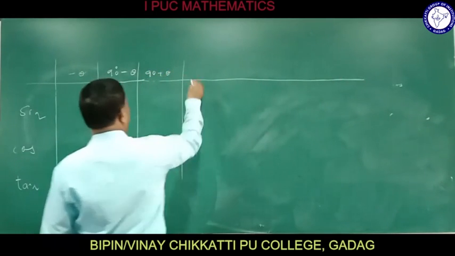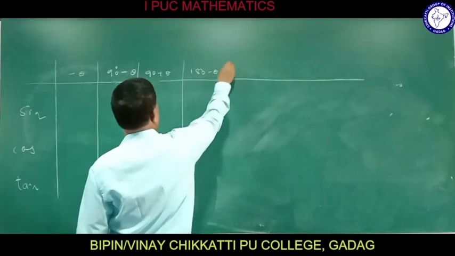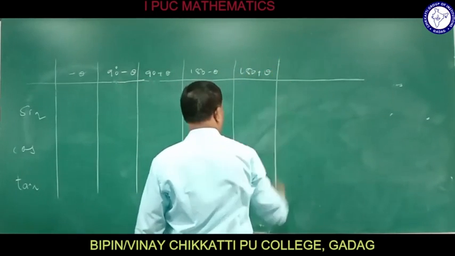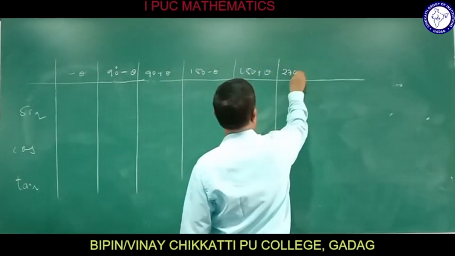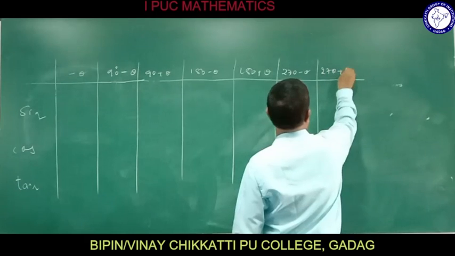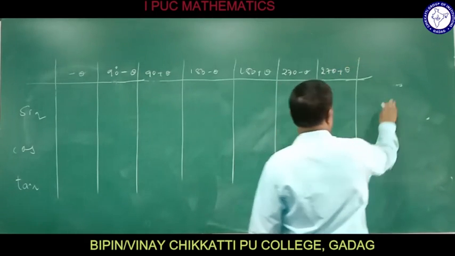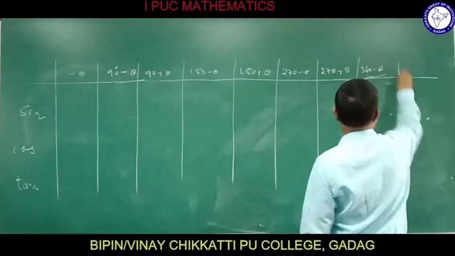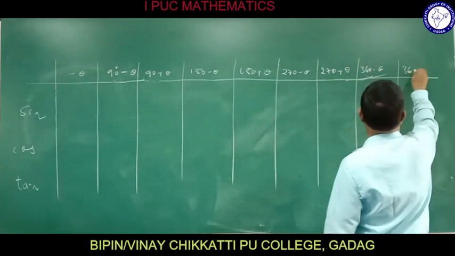Next, 180 minus theta, 180 plus theta. And next, 270 minus theta, 270 plus theta. Finally, 360 minus theta and 360 plus theta.